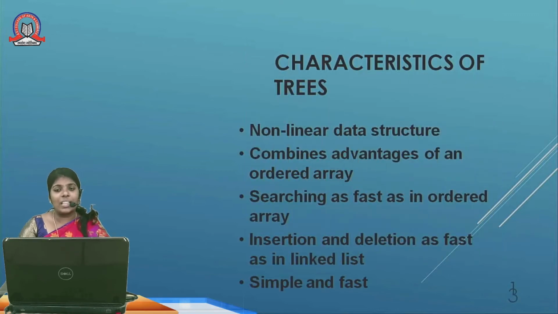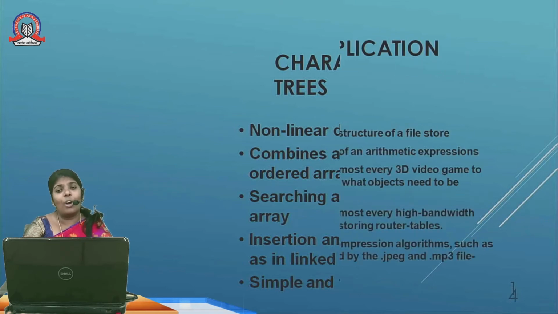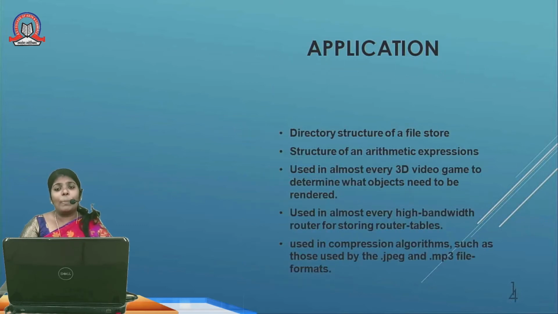Okay, now we can see the characteristics of tree. So tree, we already know, is a non-linear data structure. It has the advantages of an ordered array. Searching is very fast in this. Then insertion and deletion are also fast in the tree, and it is simple too. As for applications, it can be used in the directory structure of a file store.